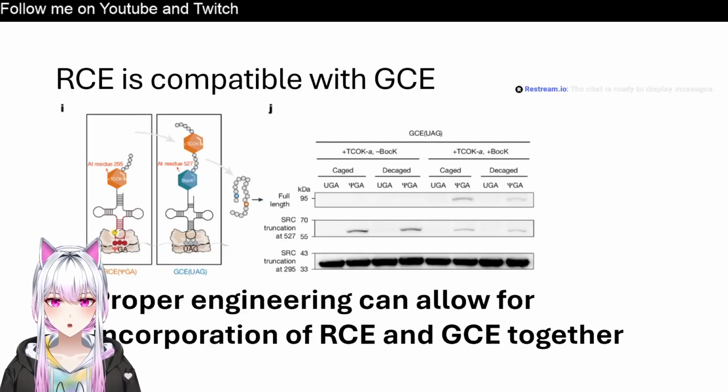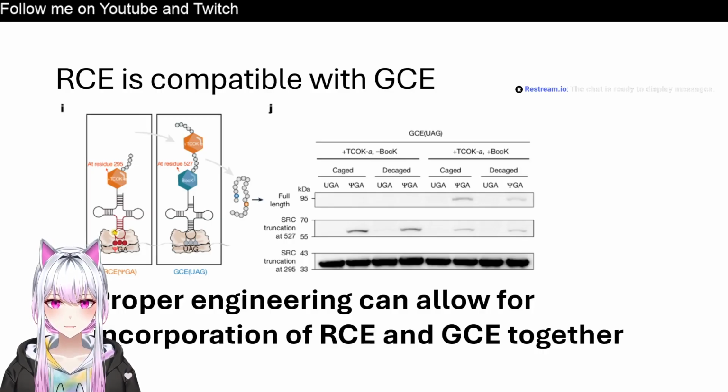Next, they also want to show that you can actually do both at the same time with careful engineering. So they use the RC UGA system paired with a GCE UAG system to incorporate two different kinds of non-canonical amino acids. First, SRC catalytic ability relies on lysine 295, which is inhibited by Y527, right? So they put a BOC residue at 295 and a residue at another site, 527.